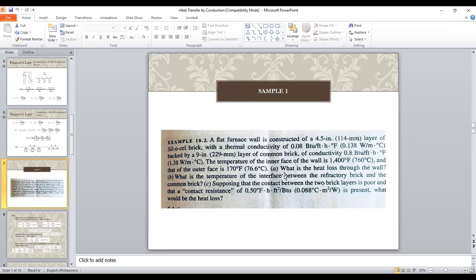So you have three questions to answer in this sample problem, two of which ask for the heat loss and the temperature of the interface, and the last is a condition that will also determine the heat loss again. So we'll go through the given information and how we can apply it in determining the required unknowns.